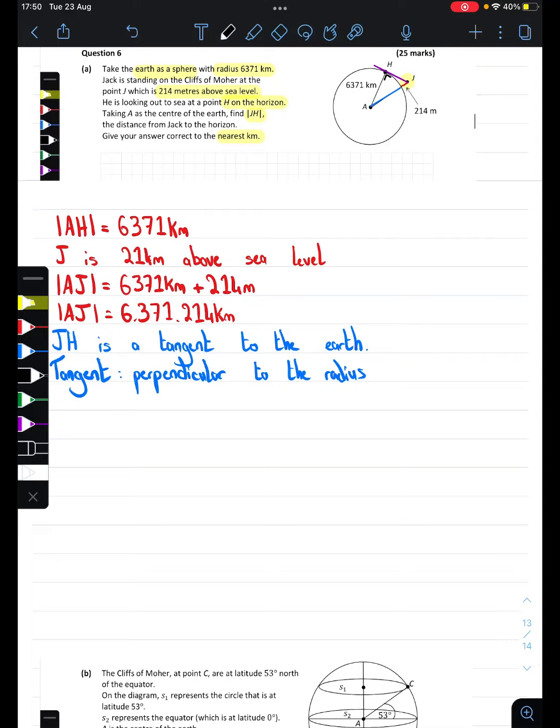where we'll be using Pythagoras' theorem, a squared plus b squared equals c squared.